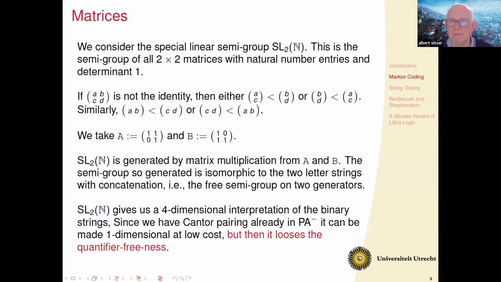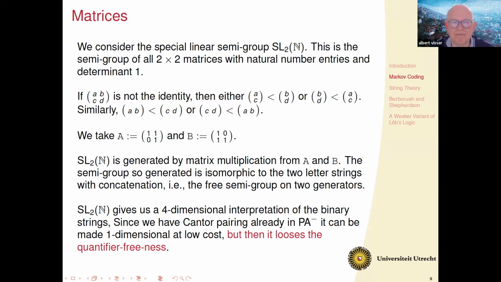If you start with the 2 by 2 matrices over the natural numbers with determinant 1, then you get what I call the special linear semigroup SL2N, which is a part of SL2Z, a mathematically very well studied and well known object.